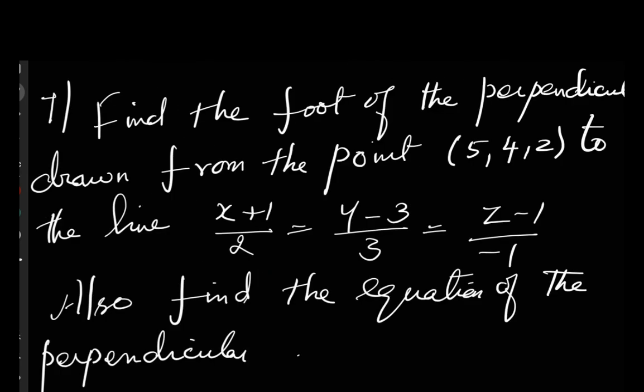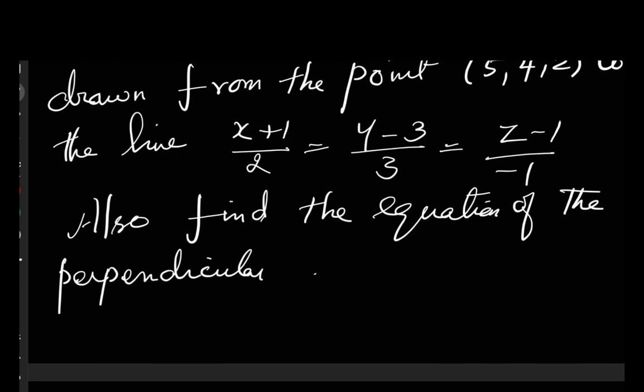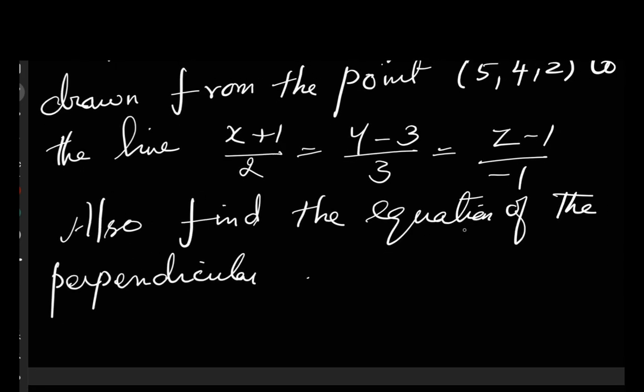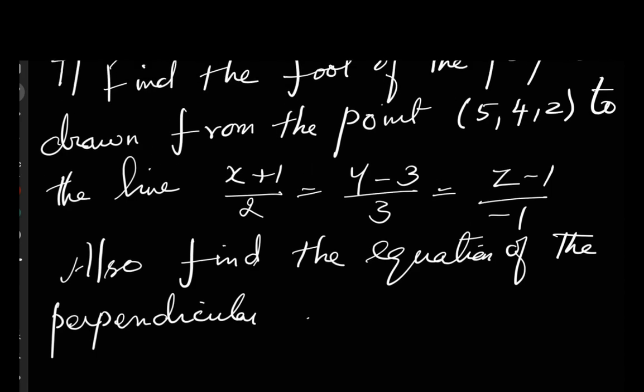See the seventh question. Find the foot of the perpendicular drawn from the point 5, 4, 2 to the line (x plus 1) by 2 equal to (y minus 3) by 3 is equal to (z minus 1) by minus 1. Also find the equation of the perpendicular.